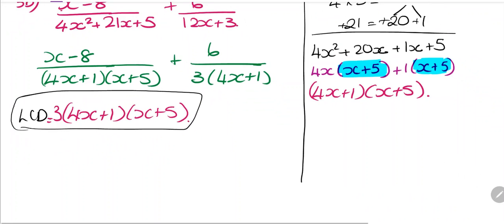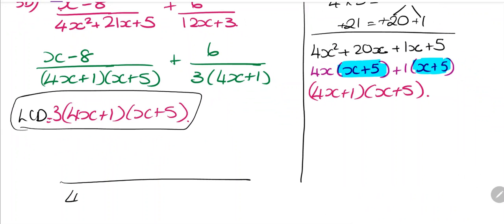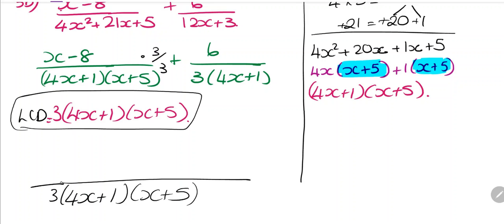So x minus 8, what do we need to multiply this by? We've got a 4x plus 1, we've got the x plus 5, so we just need to multiply the top and bottom by 3.